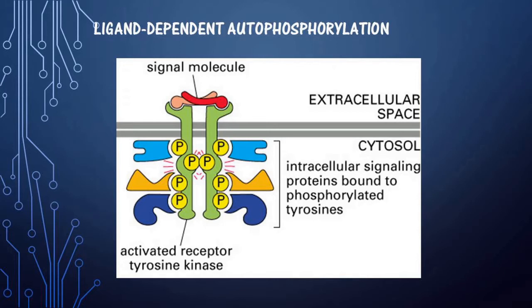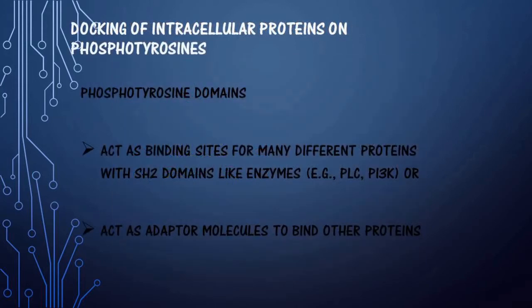This is the docking of intracellular proteins on phosphotyrosines. The phosphotyrosine domain acts as a binding site for many different proteins with SH2 domains, like enzymes such as PLC, phospholipase C, or they act as adapter molecules to bind other proteins.